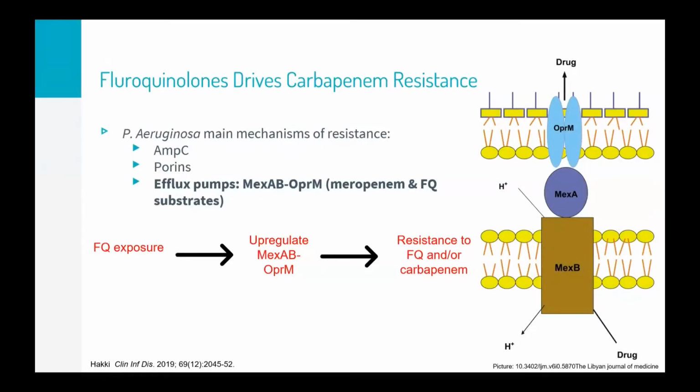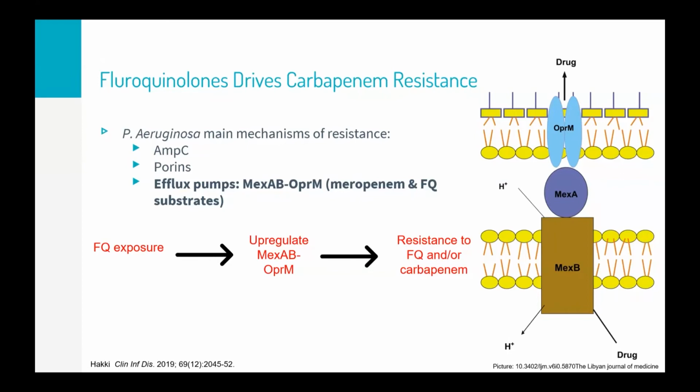So there are three main mechanisms of Pseudomonas resistance. The first being AmpC beta-lactamase production that breaks down beta-lactams. The second being loss of porins that don't allow drug into the cell. And third, efflux pumps that pump drugs out of the cell. Efflux pumps specifically are important for fluoroquinolones and carbapenems because they are substrates of the MexAB-OprM efflux pump that can be upregulated in Pseudomonas.